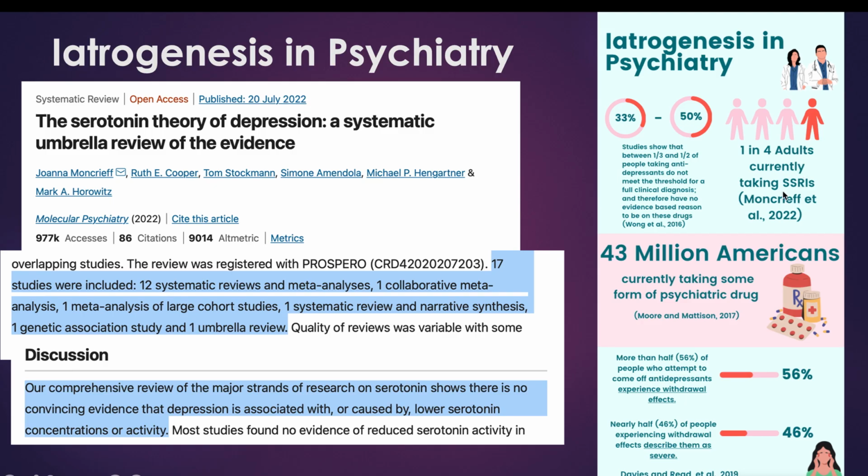This term right here, SSRIs, is an acronym for probably the most common medication that you'll find prescribed for depression, which stands for selective serotonin reuptake inhibitors. So again, they're drugs that are specifically designed to work on the serotonin system as their mechanism of action.